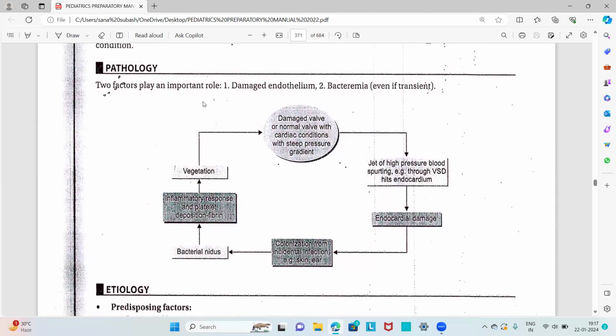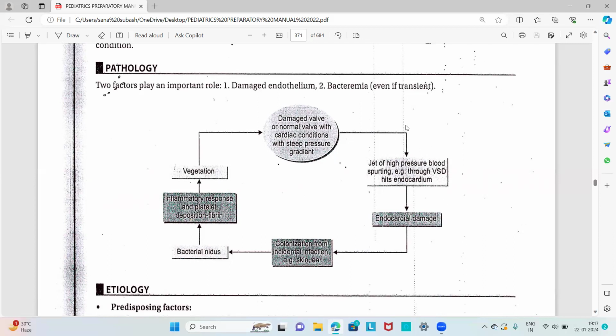And the pathology: two factors play an important role in the pathogenesis of infective endocarditis. The first is damaged endothelium, and the second is bacteremia, even if transient. If there is a damaged valve, or a normal valve with a cardiac condition with a steep pressure gradient, the jet of high pressure blood spurting, for example through a VSD, hits the endocardium and causes endocardial damage.